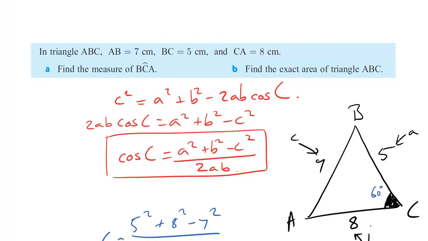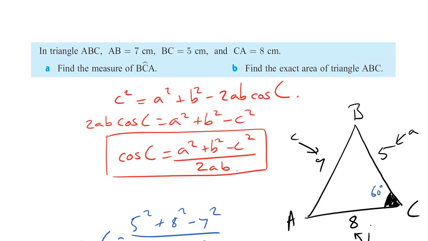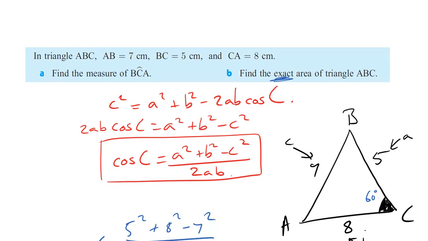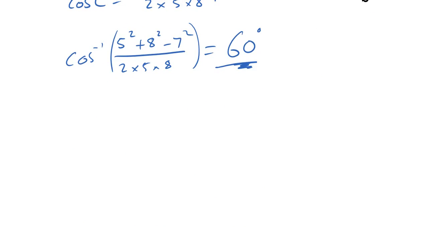Okay, let's go back to the question and let's see what part B was. Find the exact area of triangle ABC. Now they use the word exact, but that is a little bit beyond what we're doing in this video. So all you've got to worry about here is just putting in the numbers that we know about.